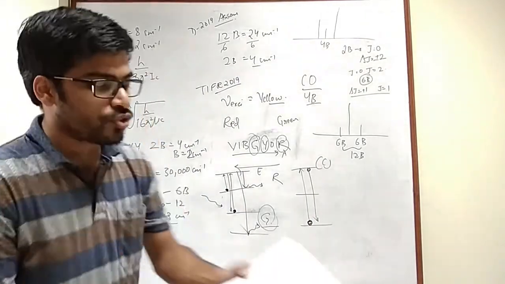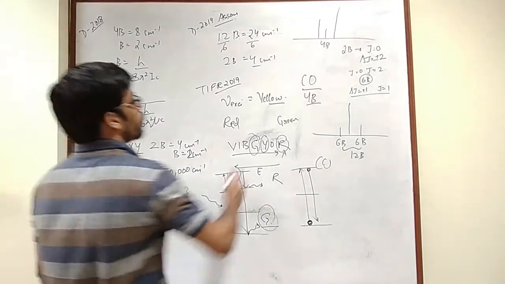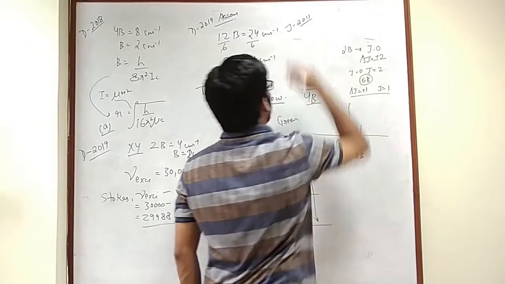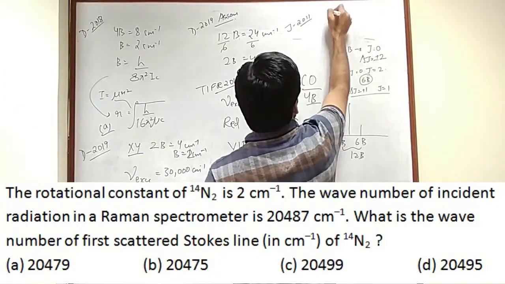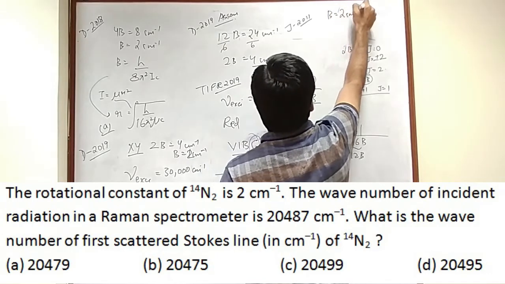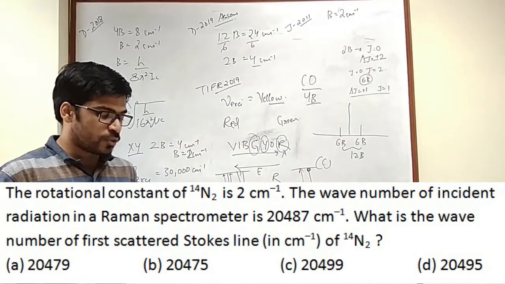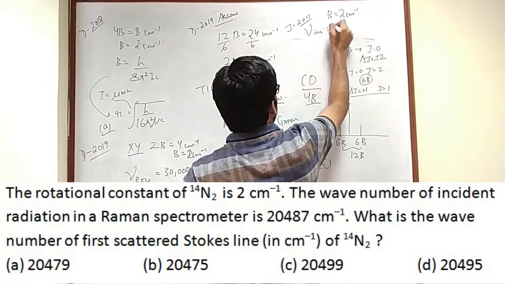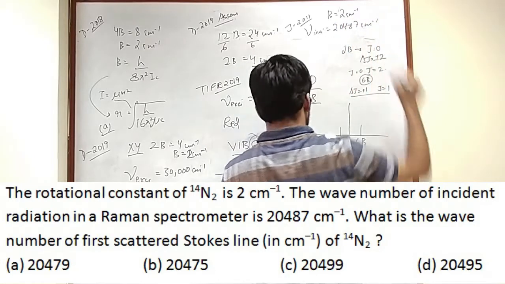Okay, so the next question we have is from June 2011. The question says the rotational constant of N2 is 2 centimeter inverse. The wave number of incident radiation in a Raman spectrometer, mu incident, is 20487 centimeter inverse.